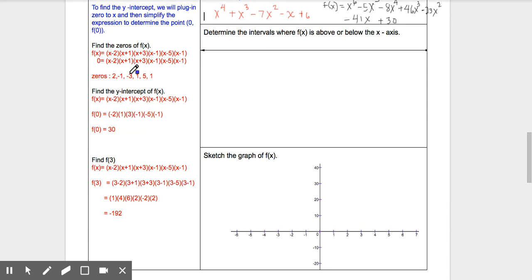So the lowest here is negative 3. So I'm going to put negative 3 here, followed by negative 1. So maybe negative 1 here. And then followed by 1, and then 2, and then 5.